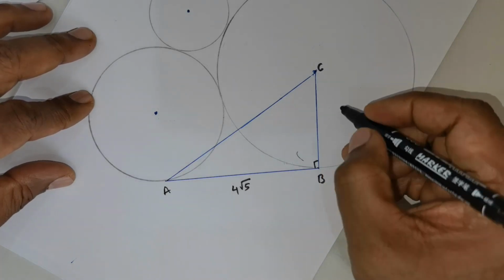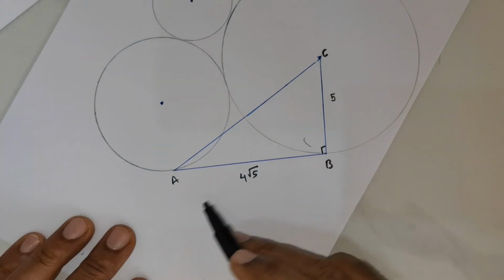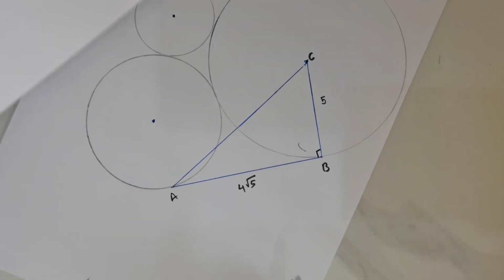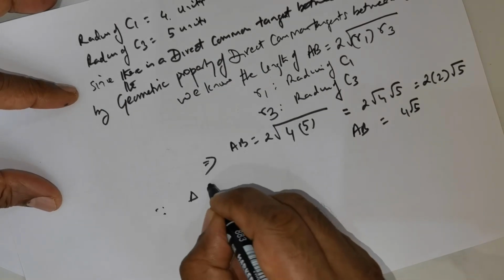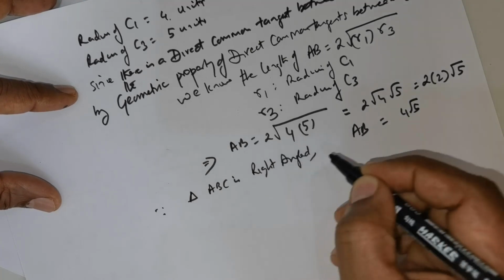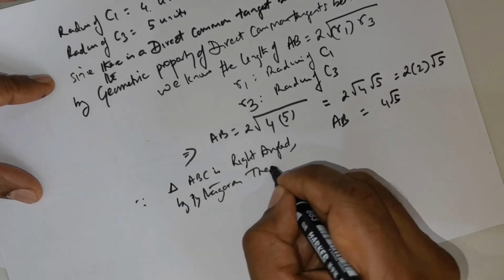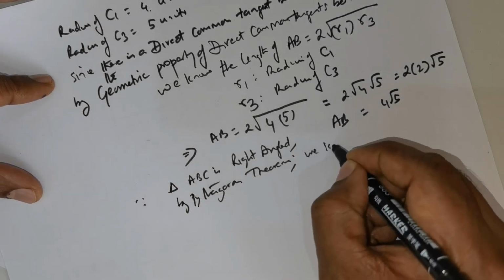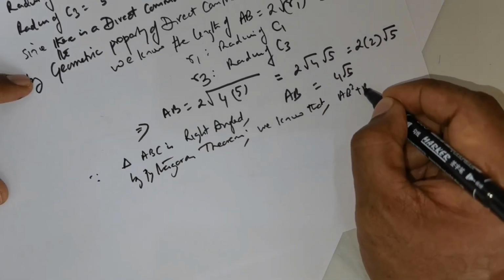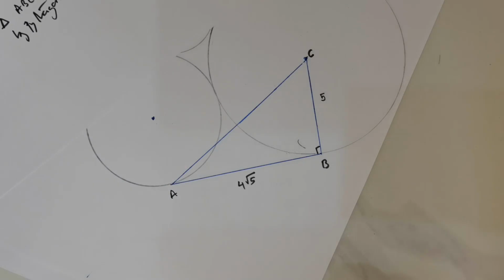Now the radius of C3 is given to be 5 units. So we can actually apply Pythagoras. If you were to see this figure, Pythagoras can be applied. So since triangle ABC is right angled, by Pythagoras theorem, we know that AB squared plus BC squared is equal to AC squared.